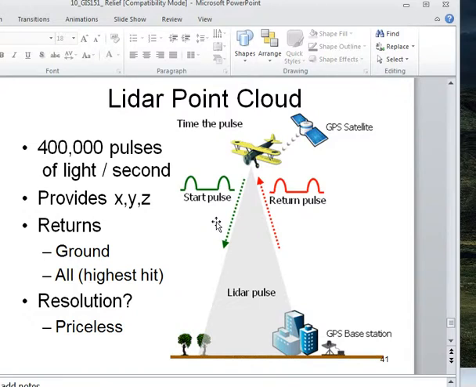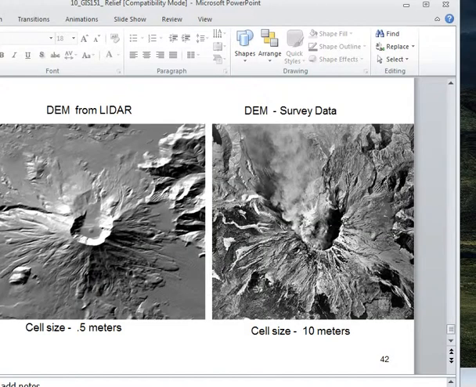So when the LIDAR pulse gets sent out, it can hit the ground. If nothing's in between the LIDAR and the ground, that's called a bare earth hit. Or it can get returned from the top of a building, or from the top of trees. And based on all of that data, you can create amazing images.